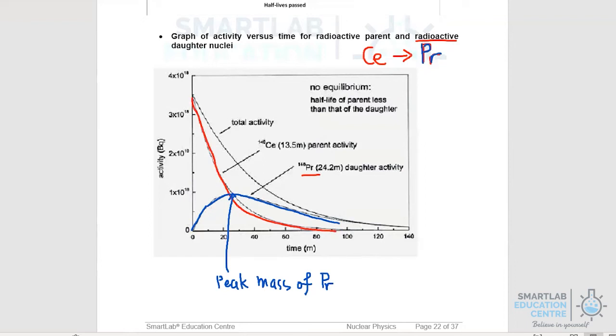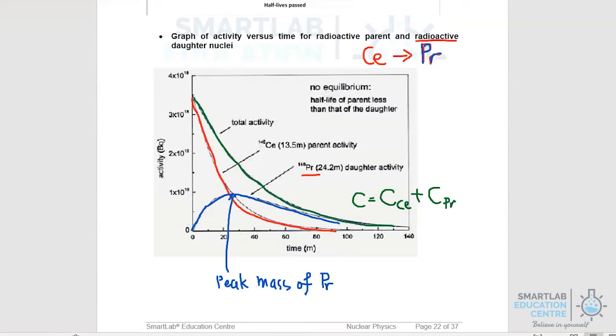And finally, it is important to note that the total activity recorded, which means in this case, if you use a radioactive sensor, then the count rate registered will be equal to the count rate of CE, which is the parent nuclei, plus the count rate of your PR, which is your daughter nuclei. So summing that up, this is how the graph will look like, depicted by the green line.